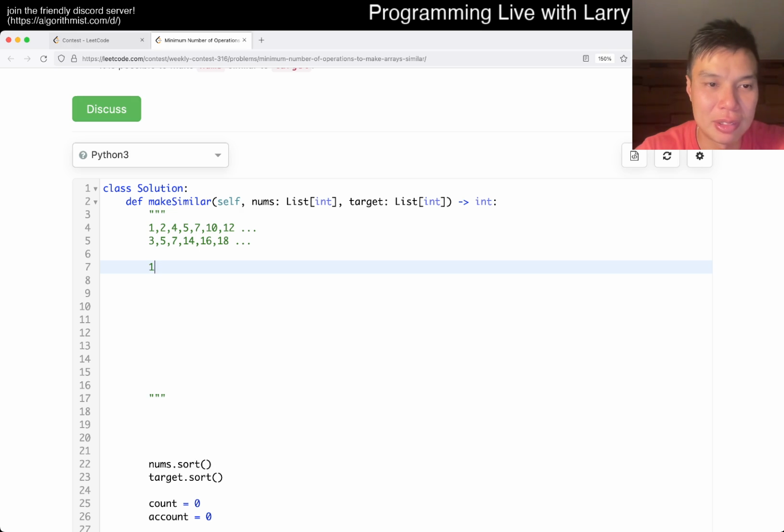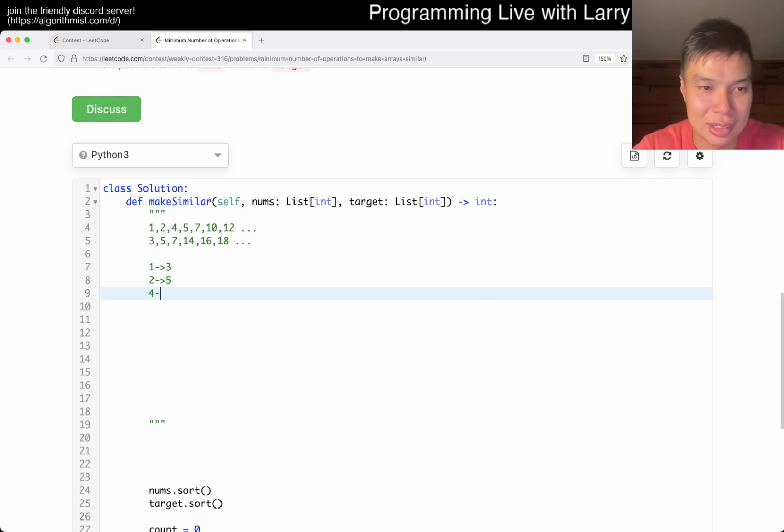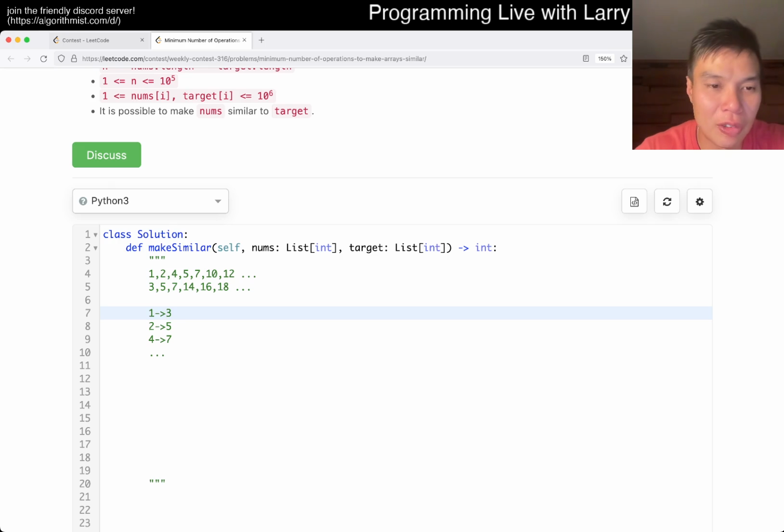Let's say now you have 1 to 3, 2 to 5, or 4 to 7, right? Well, because it's always possible, we go, okay, the idea here is that two moves, let's borrow -2 from the future. That's -2 from the future, right?